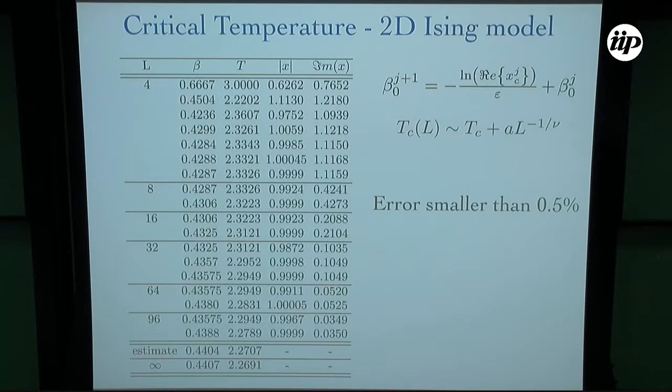See, we are using lattice sizes from 4 to 96 for the Ising model, which are pretty small lattice sizes. We are using a cutoff in the histogram at 10 to the minus 2. Okay? But even this way, it gets errors smaller than 0.5%.